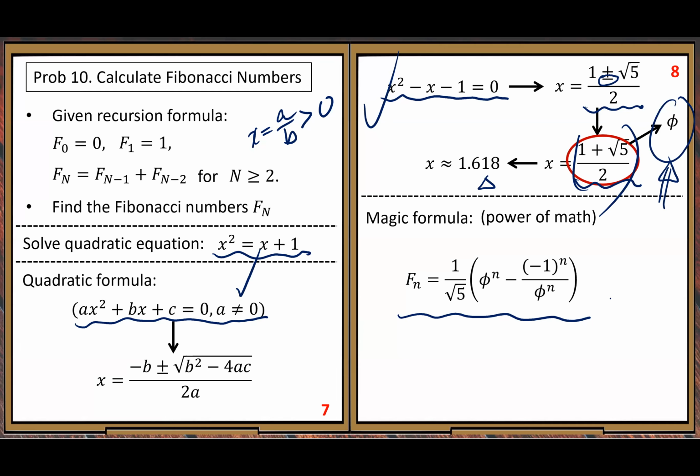If we apply the Fibonacci formula, you can see the formula is very strange. First, let's look at the golden ratio.